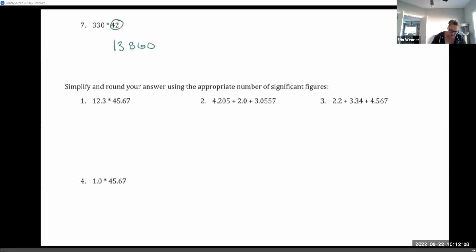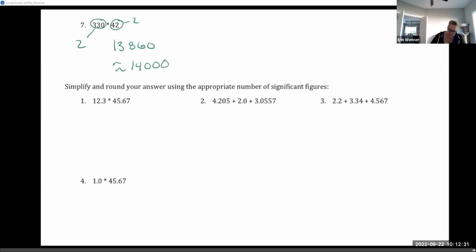Now, both of these only have 2 significant digits. 330 has 2 because it ends in a 0, so we don't count that 0. So when we round this, it becomes 14,000, and therefore has only 2 significant digits.